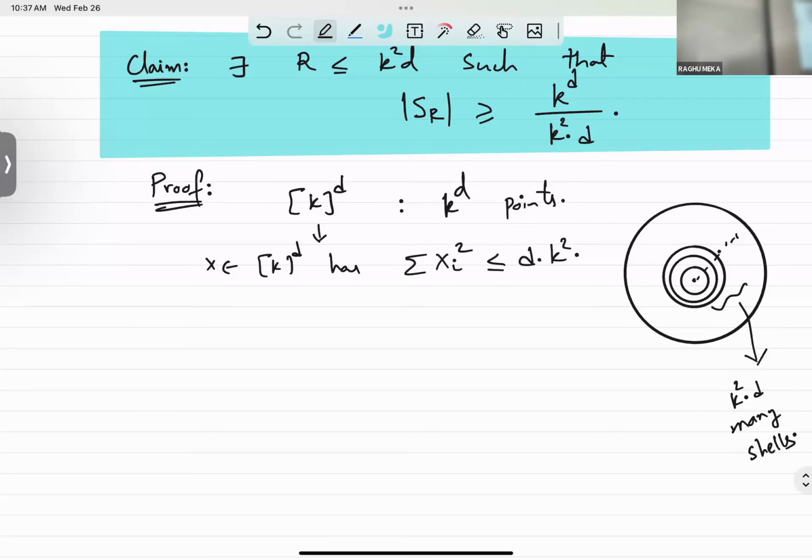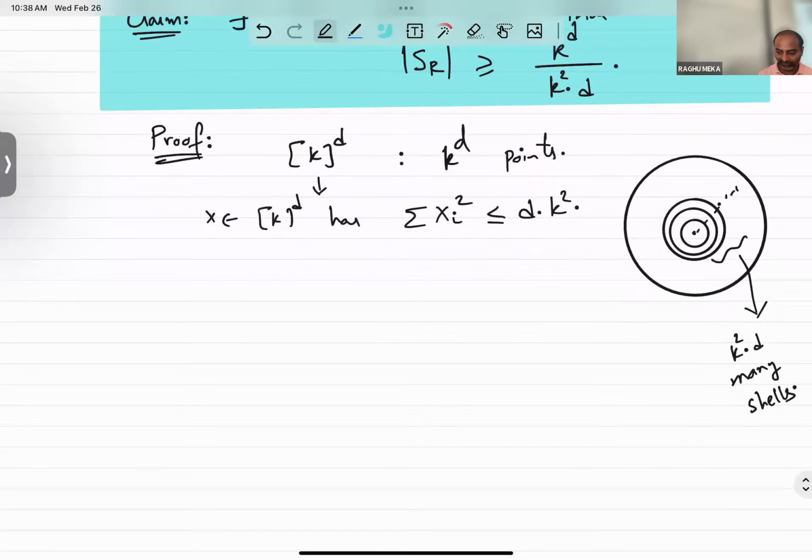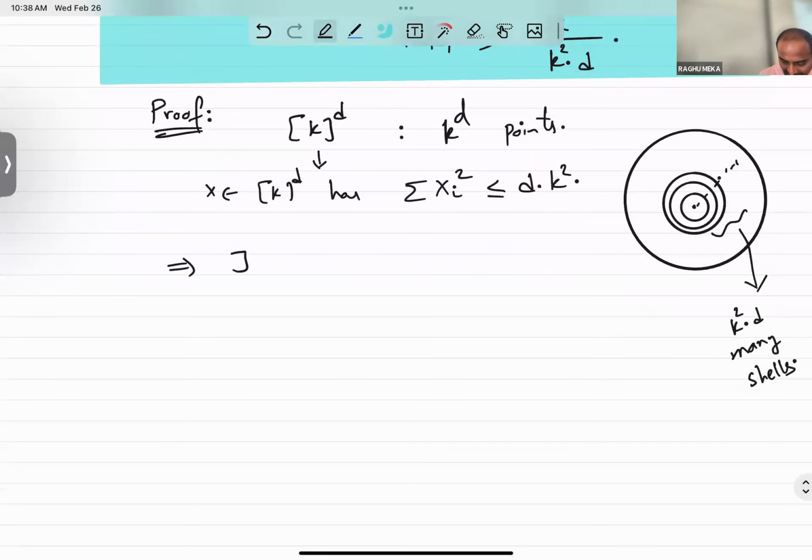So at least some shell must have more than the average number of points. This implies there exists R such that the size of SR is at least k to the d divided by d times k squared.